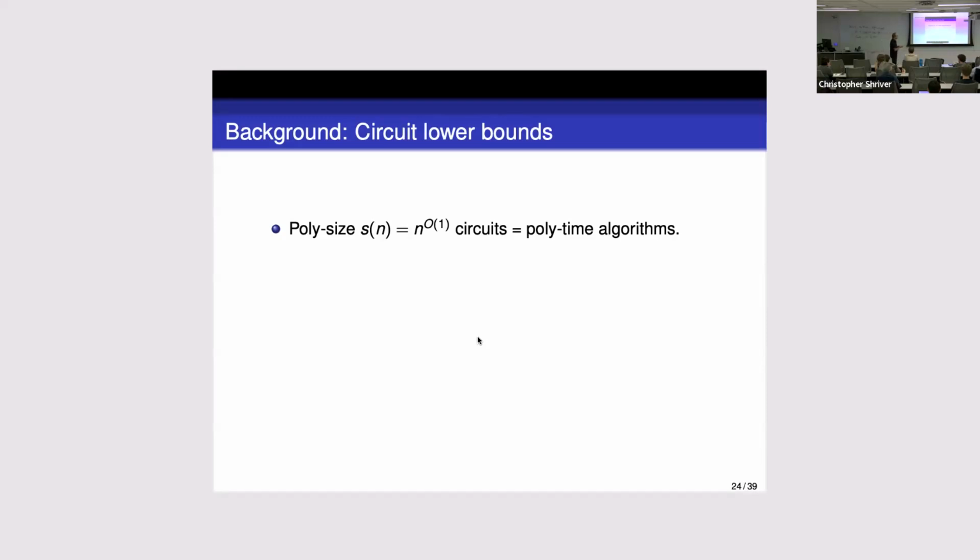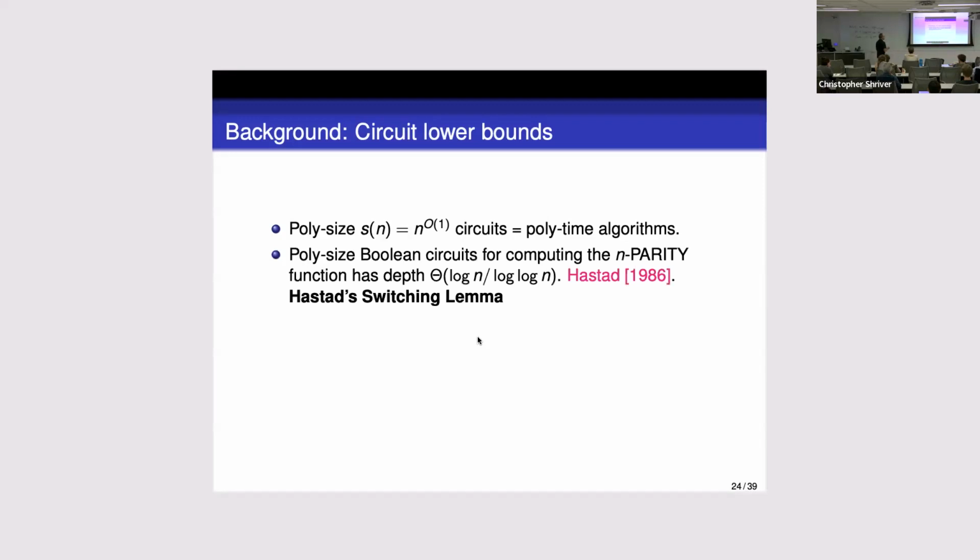However, if you in addition bound the depth of the Boolean circuit, then you can say something more concrete. In fact, one of the biggest breakthroughs in this area was the work by Hastad, who said that if you have a polynomial size Boolean circuit and you bound its depth by some constant times log n divided by log log n, such Boolean circuits cannot even solve a borderline trivial problem like parity.